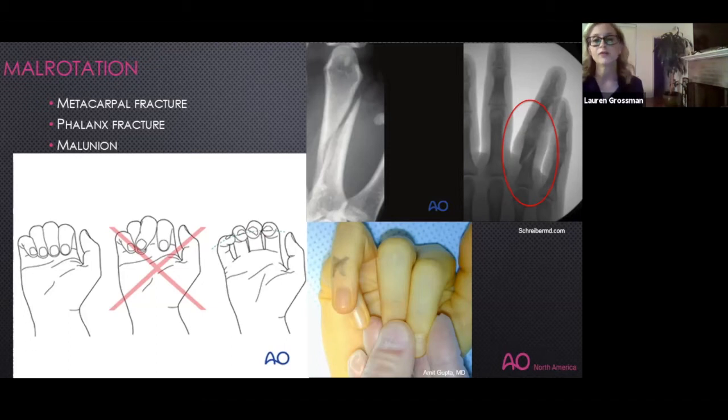So you can be fooled by your x-rays, and it's quite important every time you're examining a patient with any of these injuries to determine whether or not there's malrotation of the finger. On this bottom picture, this was actually a malunion, and you could see this patient had scissoring, and the patient healed that way, so was going to undergo an osteotomy in order to correct for the malrotation.